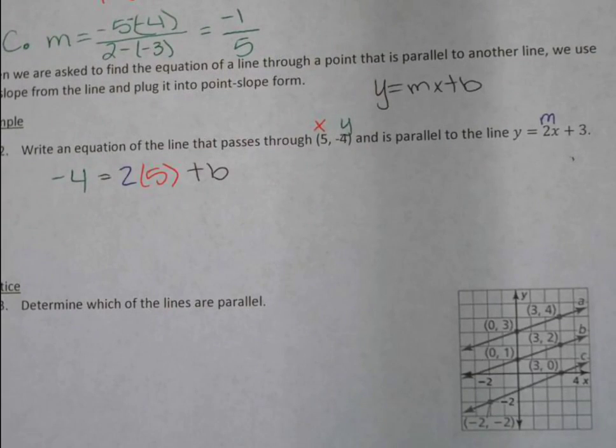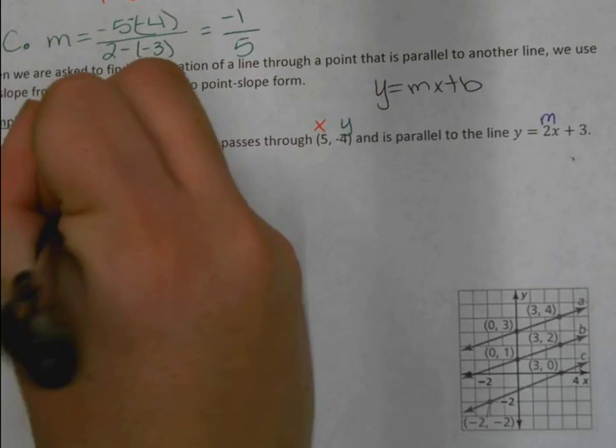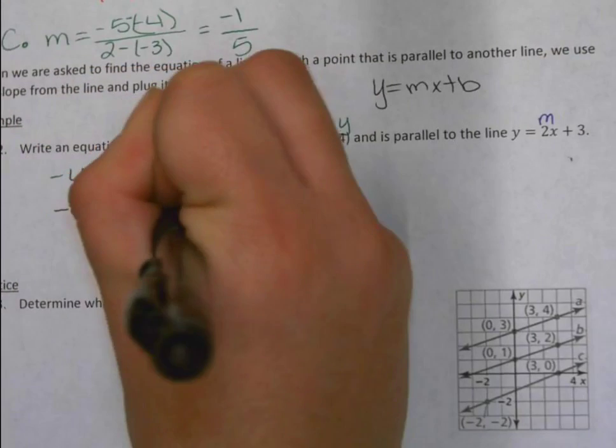So then I want to do the math on 2 times 5. 10. And then I want to get b by itself.